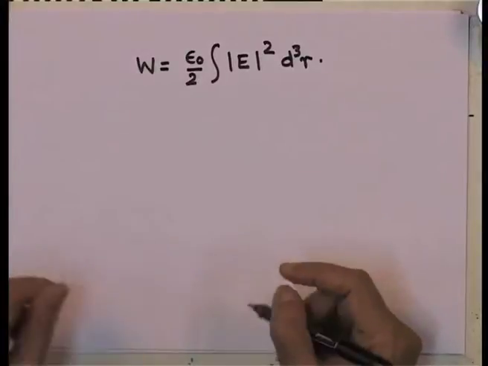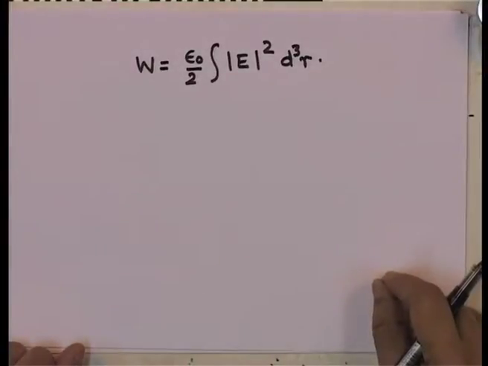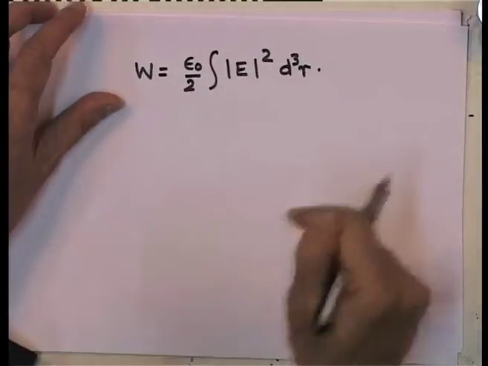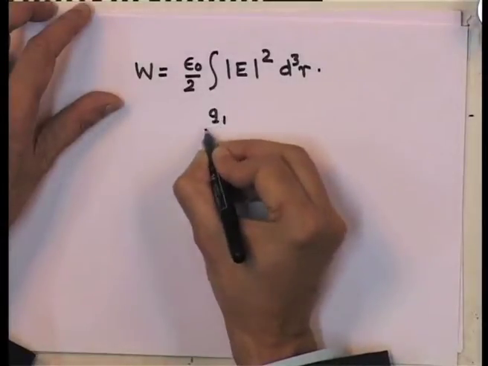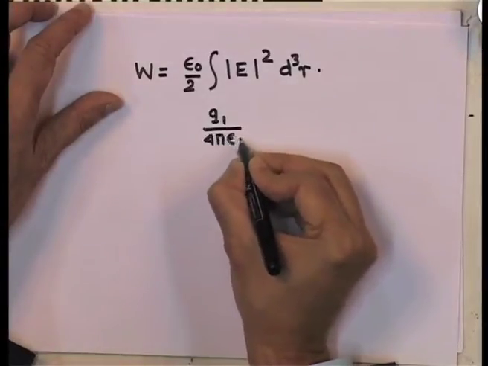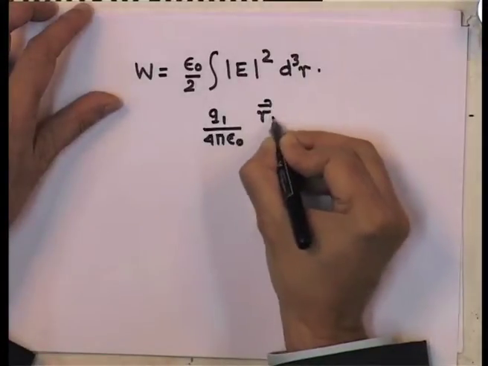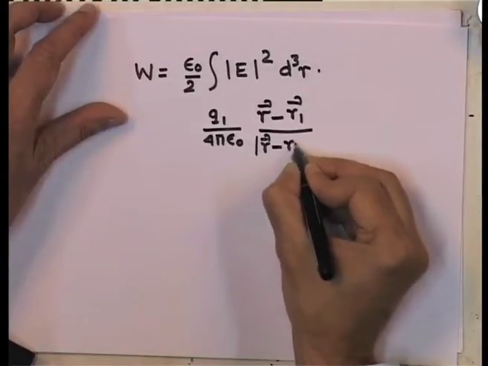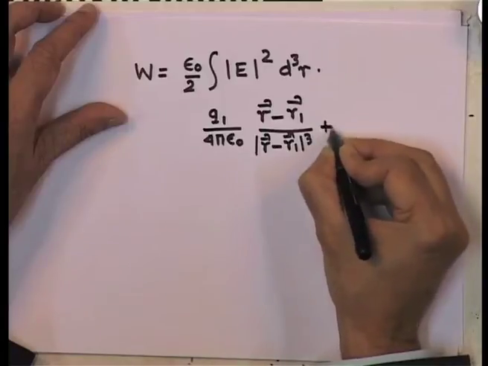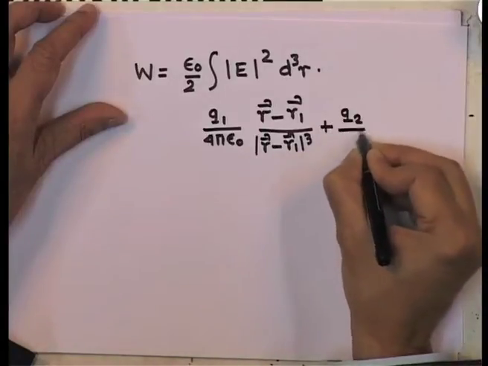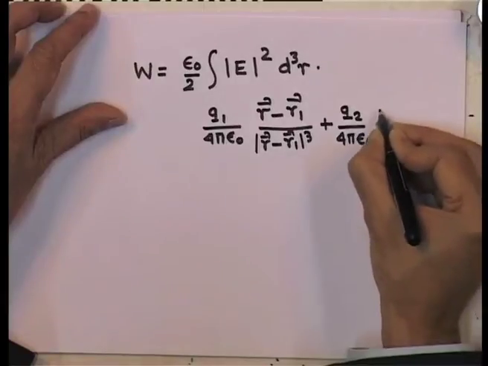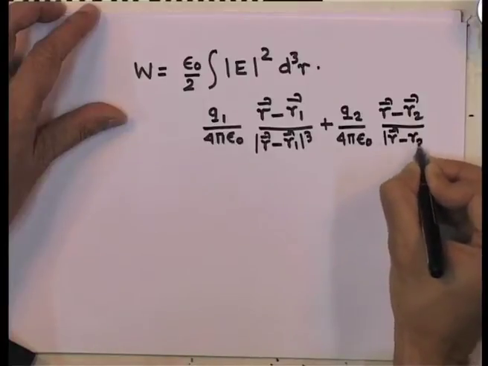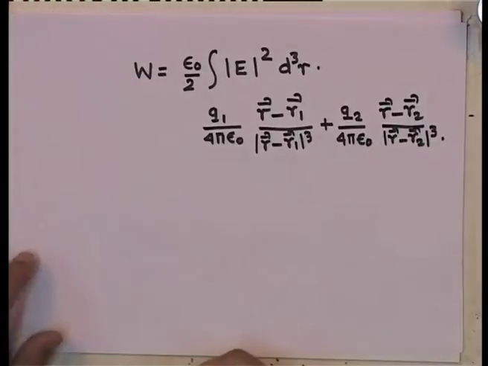Now, let me say that I have just 2 charges. I know what the field is at any position r due to these 2 charges. Supposing I have a q1, so I have q1 by 4 pi epsilon 0 times (r minus r1) divided by modulus of (r minus r1) cube, plus that due to the second charge, which is q2 by 4 pi epsilon 0 times (r minus r2) by modulus of (r minus r2) cube.